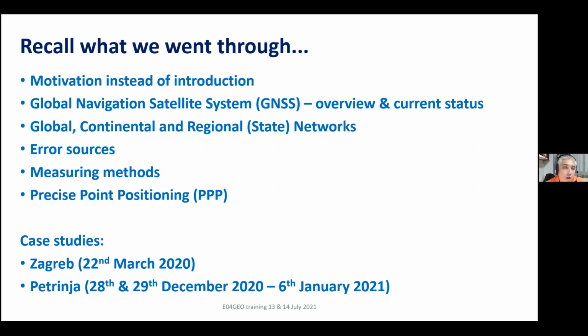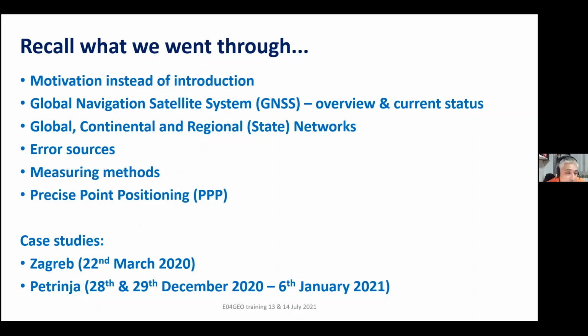I've addressed the global navigation satellite system, given an overview and the current status. Then the global, continental, and regional networks were addressed. The error sources and measuring methods were addressed as well. And of course, today we have tackled precise point positioning, PPP.